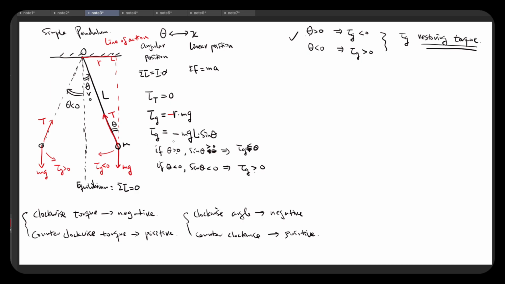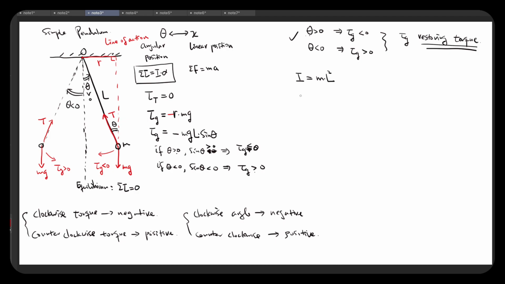Okay, so now think about under such a restoring torque, what kind of differential equation we get for the mass m's rotation. Here's Newton's second law for rotation. So we need one more ingredient here, the moment of inertia of this mass m. Now rotation here is around the point O, which has a distance L to the mass m. So the moment of inertia is m times L squared.